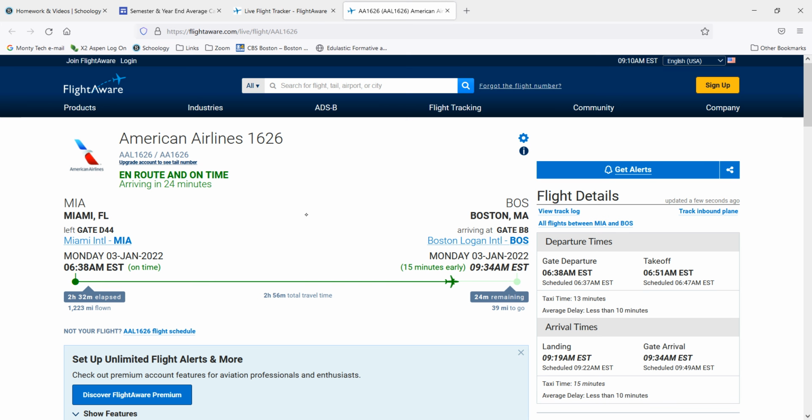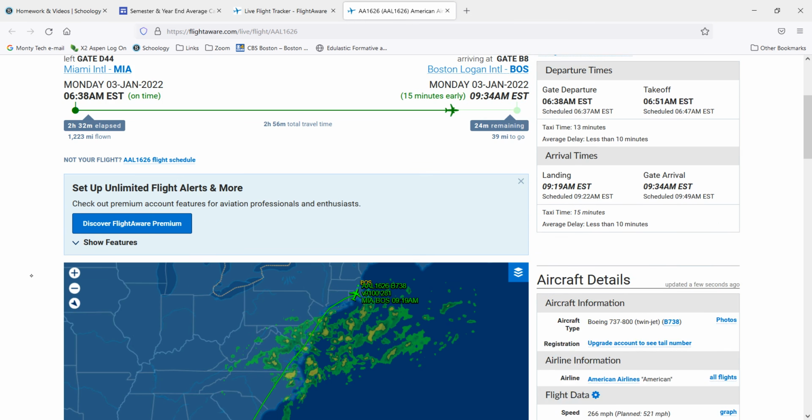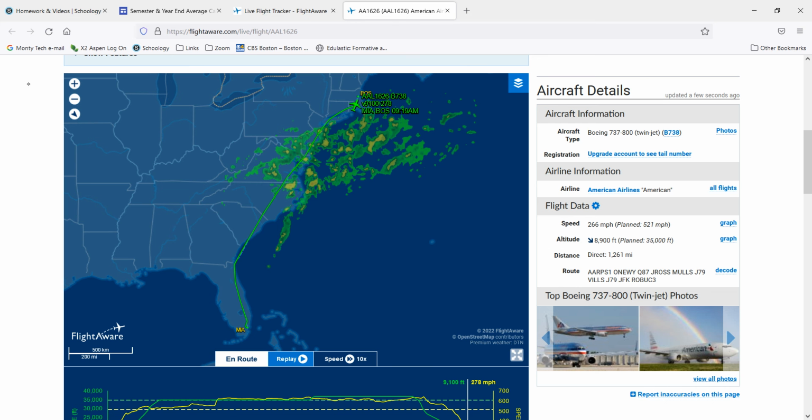it's more helpful to a computer if I can see the magnitude and direction as a number rather than as an arrow. So if we scroll down, we can see the magnitude is 266 miles per hour, so it looks like it's slowing down to probably come in for a landing.